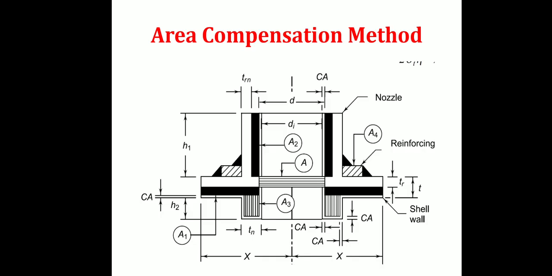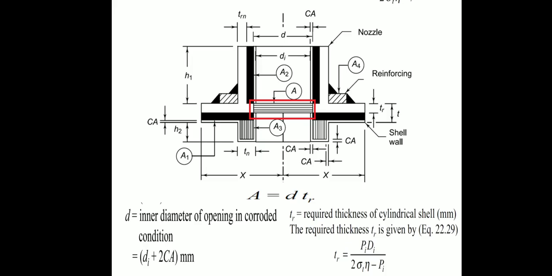The figure shows an opening in the pressure vessel. The area removed from the pressure vessel is denoted by A, and the value of A is equal to D into Tr, since the area removed is a rectangular area, and the area of the rectangle removed is diameter into required thickness of the pressure vessel, where D is the diameter of the opening in the corroded condition.